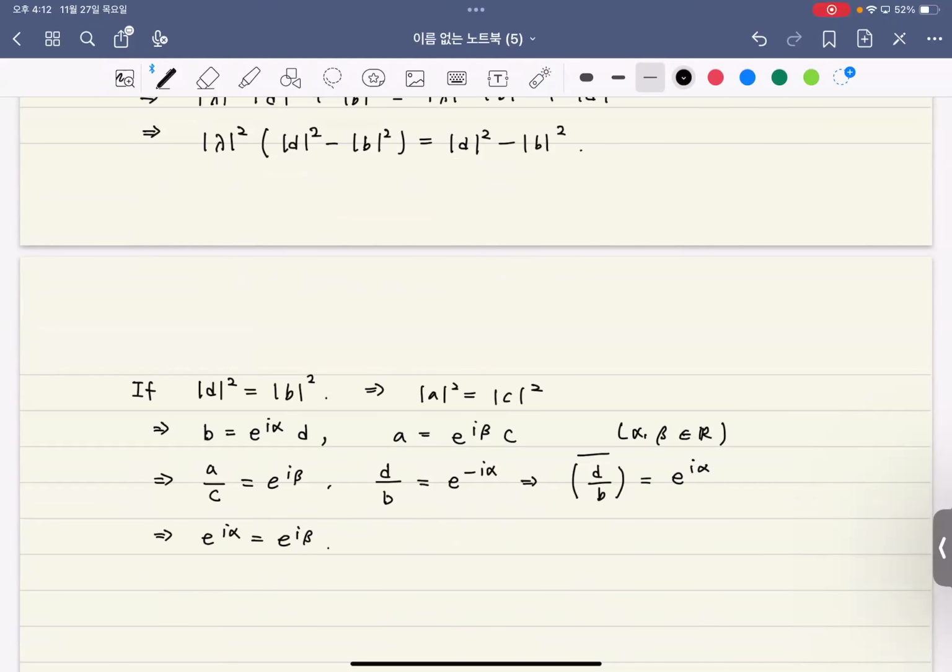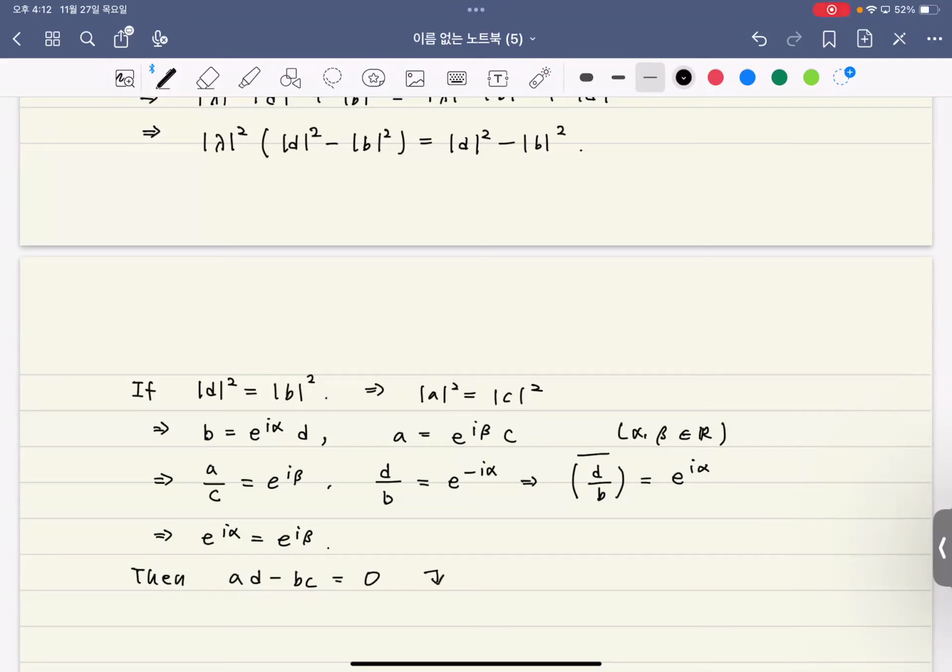Then is it a contradiction? Oh, yes, because then AD minus BC, in this case, where A is this guy times C and B is this guy times D, equals 0, right?